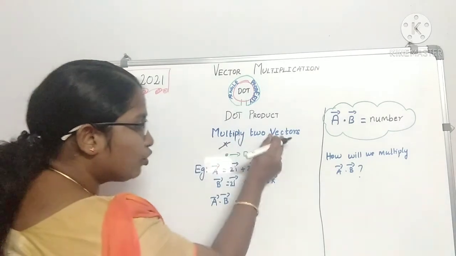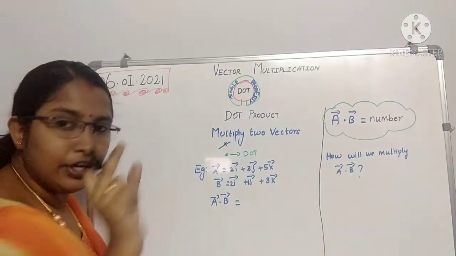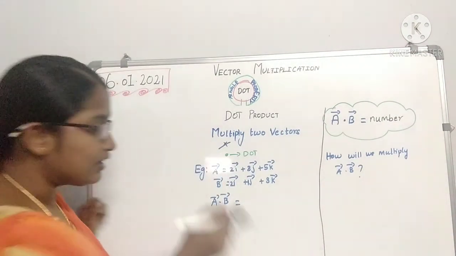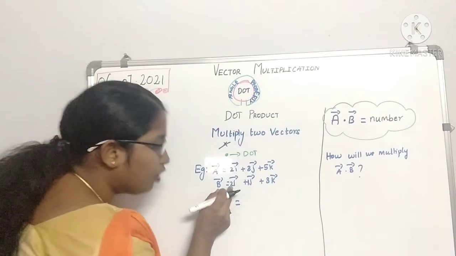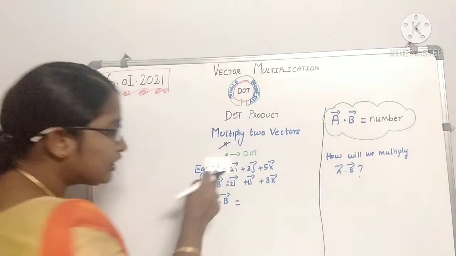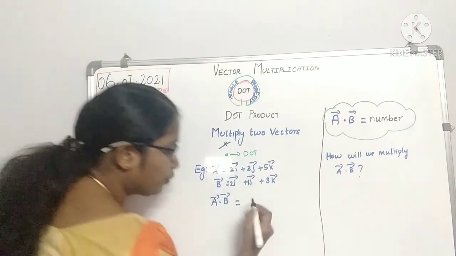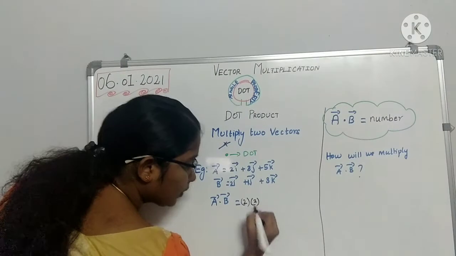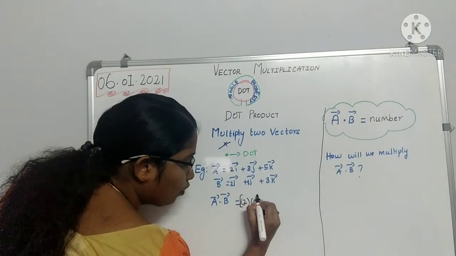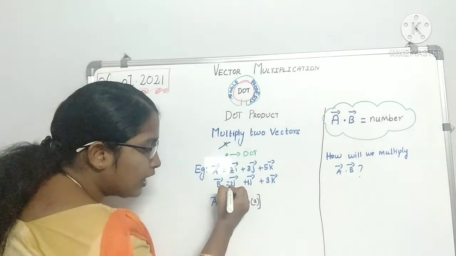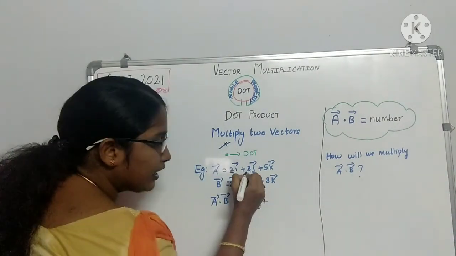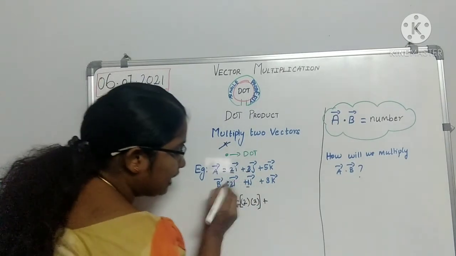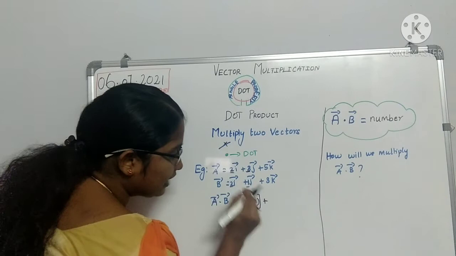For multiplying two vectors using the dot product, you need to take only the components, not the vectors. You need to take only the components of A vector and B vector. What are the components here? For A vector 2, here 2. You should take only the components, this 2 and this 2. Plus, the component of A vector is 3 for the J axis, and for B vector the J axis is 1.